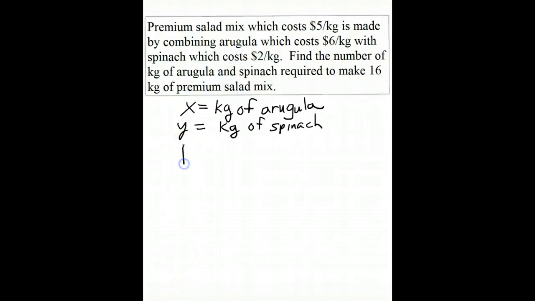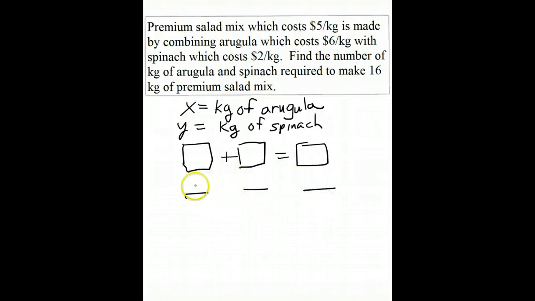Okay, now that we know what x and y are, what I taught in class was to make these little containers to remind ourselves that we are doing a mixture. We're just mixing things together. Underneath it, we put either our dollar amount or percent, and here we're doing dollars. So this will be dollars here, and then dollars here.